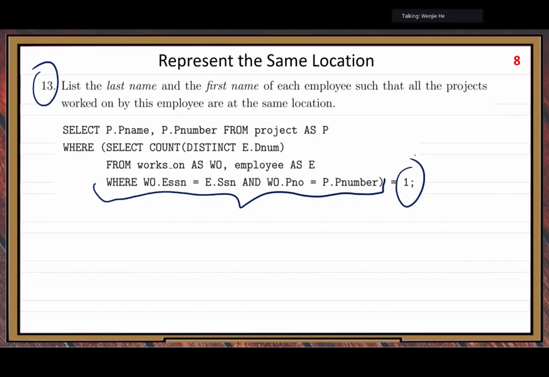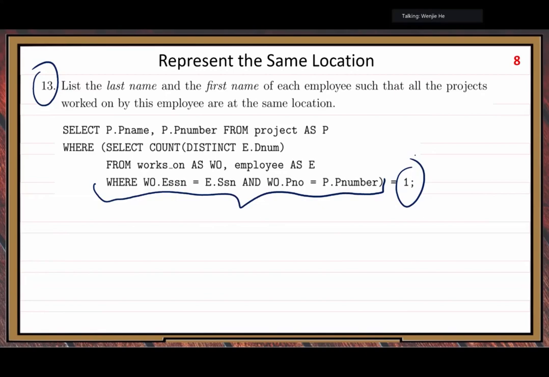Projects, works on. Oh, just a minute. Here, this may be a little different, because I didn't talk about location. I need to double check, because we have to target the location directly, not indirectly.